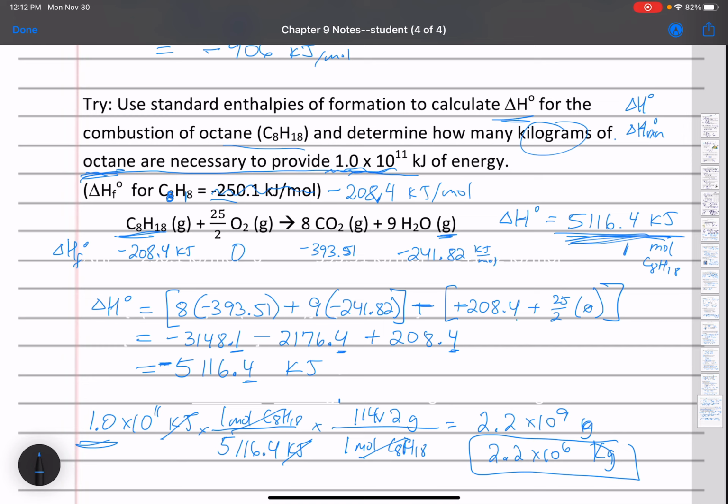This should be negative 5,000, negative 5,000. This can be a negative as well, but a mass can't be negative. So here we're just going to use the absolute value. The absolute value is how much energy is produced. You can't produce a negative amount of energy. The negative just means that the energy is produced.